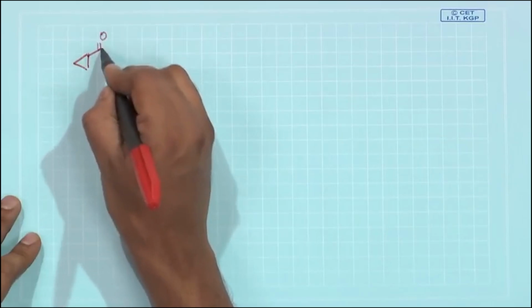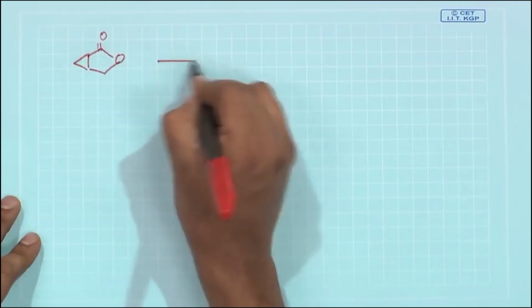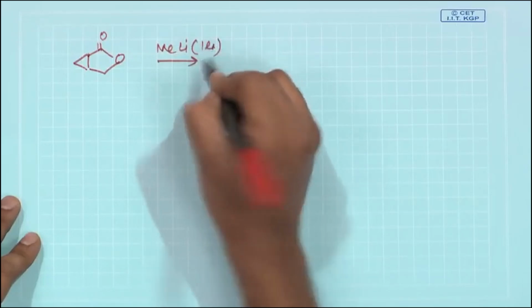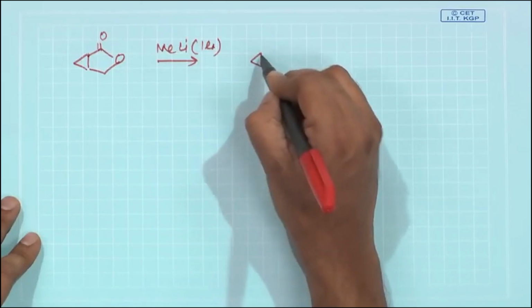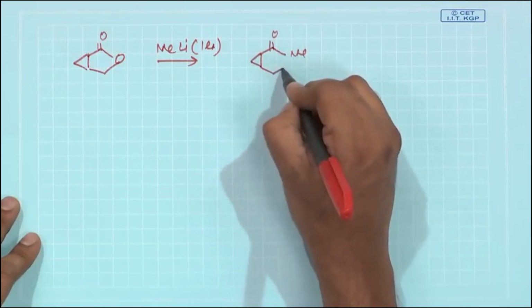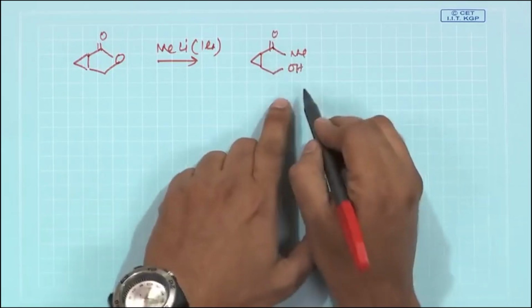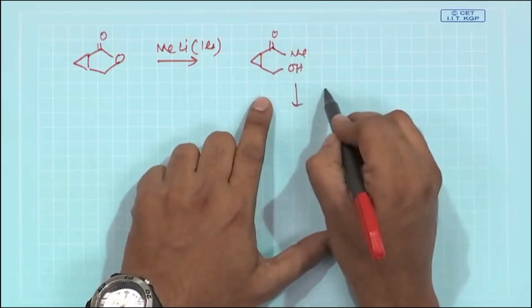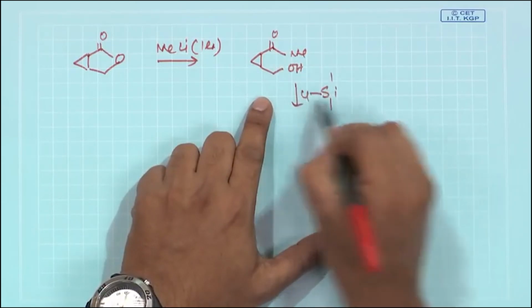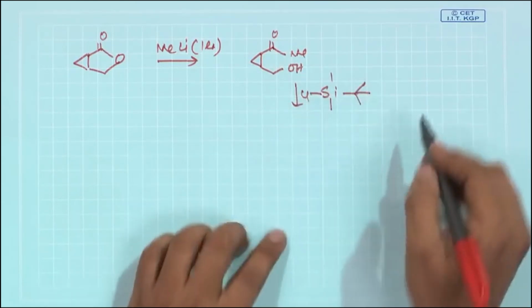We basically have a lactone here, we react with one equivalent of methyl lithium, and initially you will get this methyl ketone and CH2OH. Now, this CH2OH needs to be protected, that is why you put a TBS group, tertiary butyl dimethyl silyl chloride.